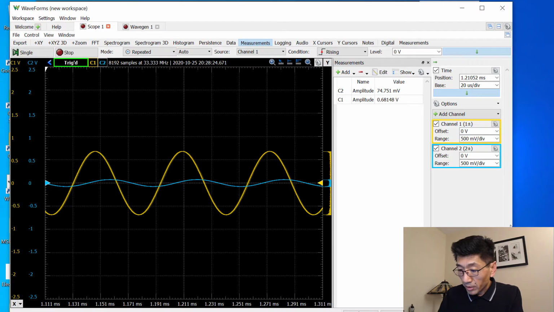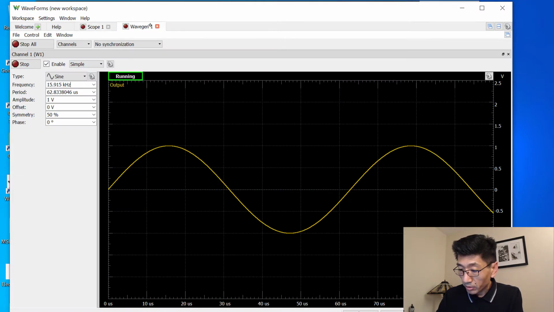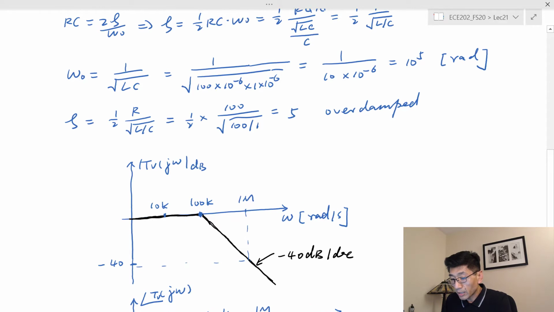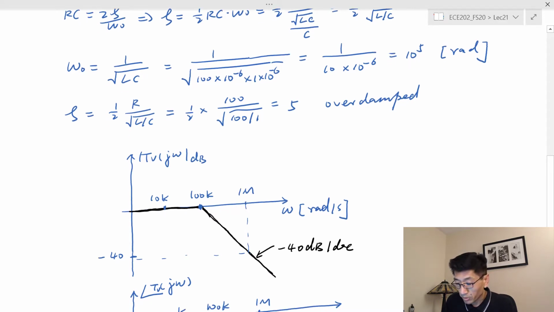The function generator is already running. Right now I'm running at 15.95 kilohertz, which corresponds to omega equal 2 pi times that, which is 100 kilohertz. If we remember the example we did, 100 kilohertz is right at the resonant frequency, and the straight line approximation is 0 dB.